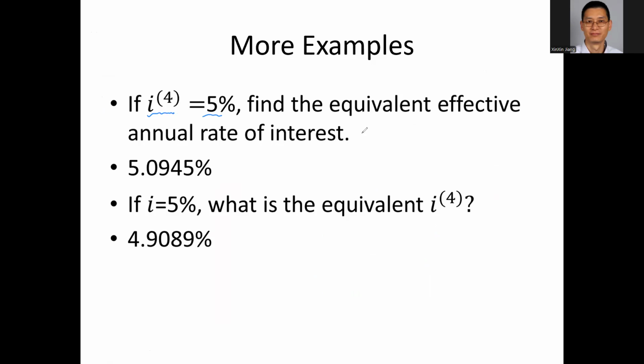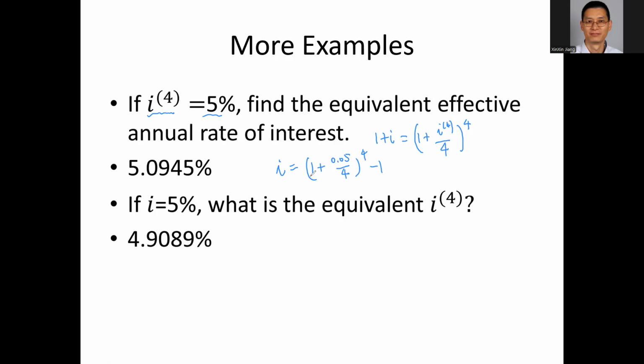The annual rate is 1 plus i, which should be equal to 1 plus i(4) over 4, to the fourth. So it's the quarterly rate, and each year has 4 quarters. So i equals 1 plus 0.05 over 4, to the fourth, minus 1.